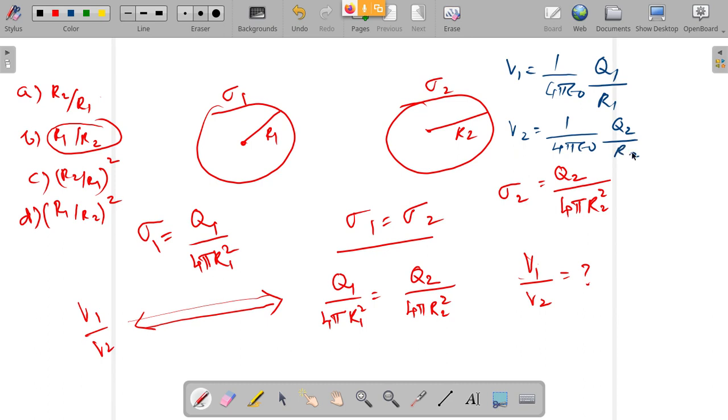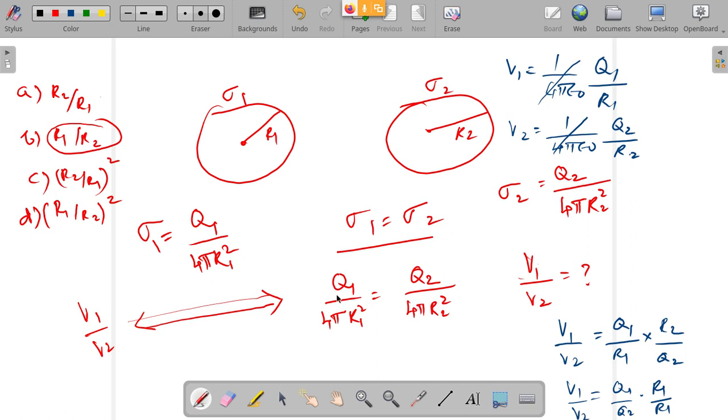Okay, now what will you do? If you want V1 by V2, what will cancel? 1 by 4 pi epsilon naught will cancel. So you will get Q1 by R1 divided by Q2 by R2, that is, Q1 by Q2 into R2 by R1. That is V1 by V2.